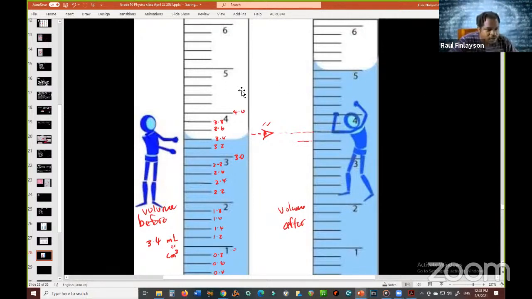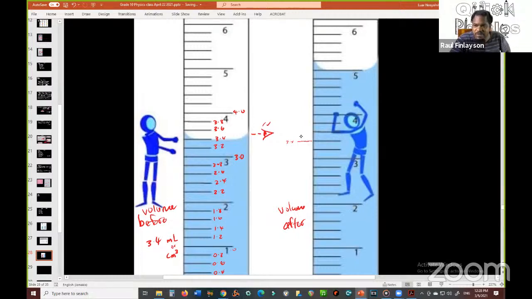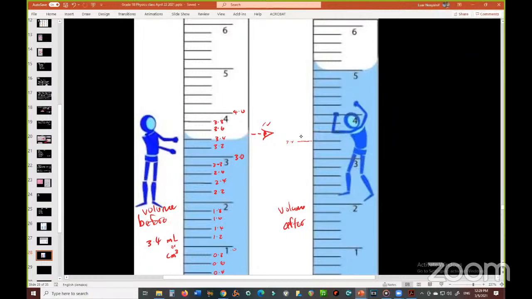All right, so notice that it was at 3.4. And after he goes inside the container, it goes up to 5. Well, it looks to be 5, but nobody's sure. Only Ronaldo is saying 5, but the rest of the class are not sure. Sir, yes, go ahead, Percival. Sir, me just say 5.0, sir.